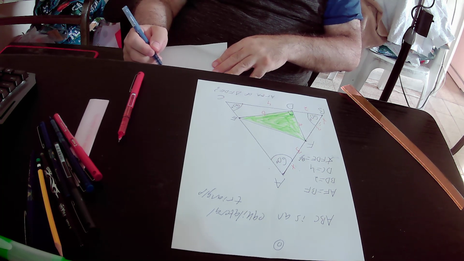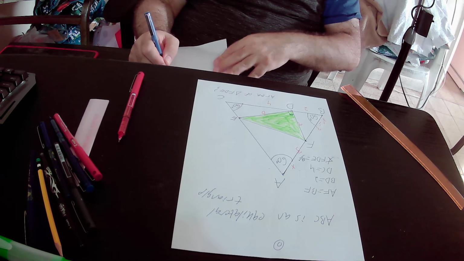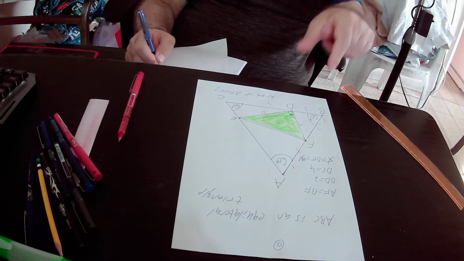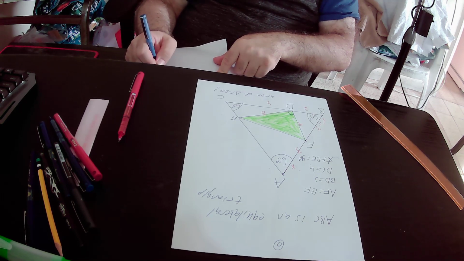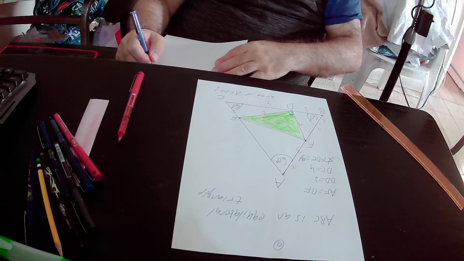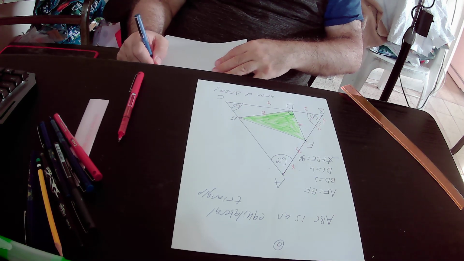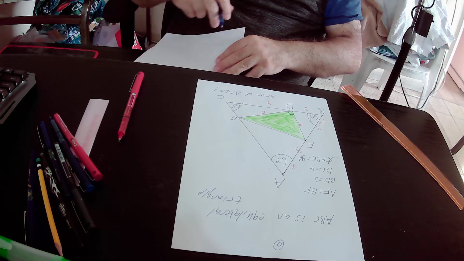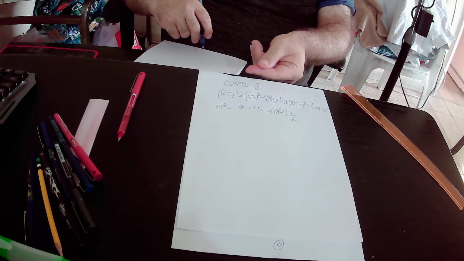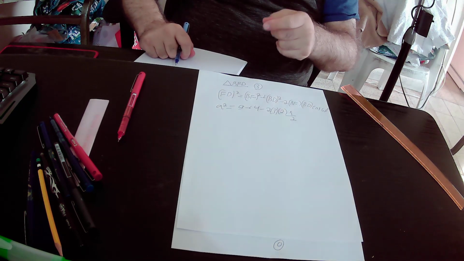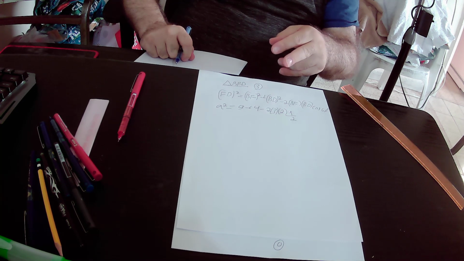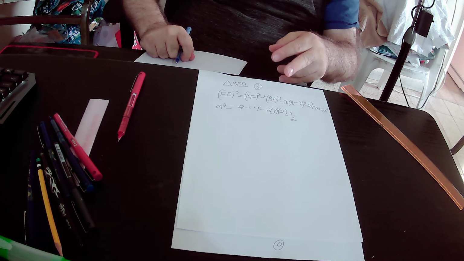minus 2 times BF, which is 3 units, times BD, which is 2 units, times cosine 60 degrees. Cosine 60 degrees equals 1 over 2. So in total we got that A squared equals 9 plus 4 minus 2 times 3 times 2 over 2.